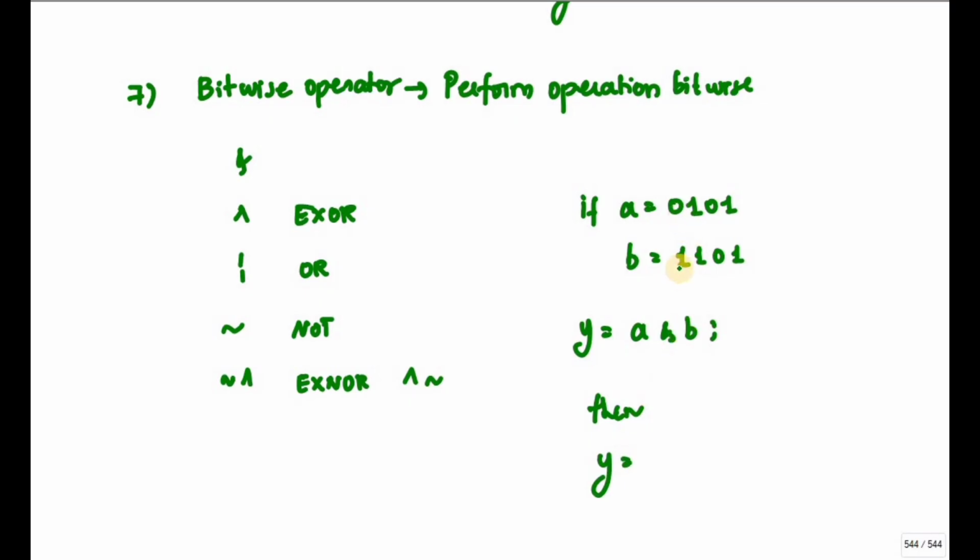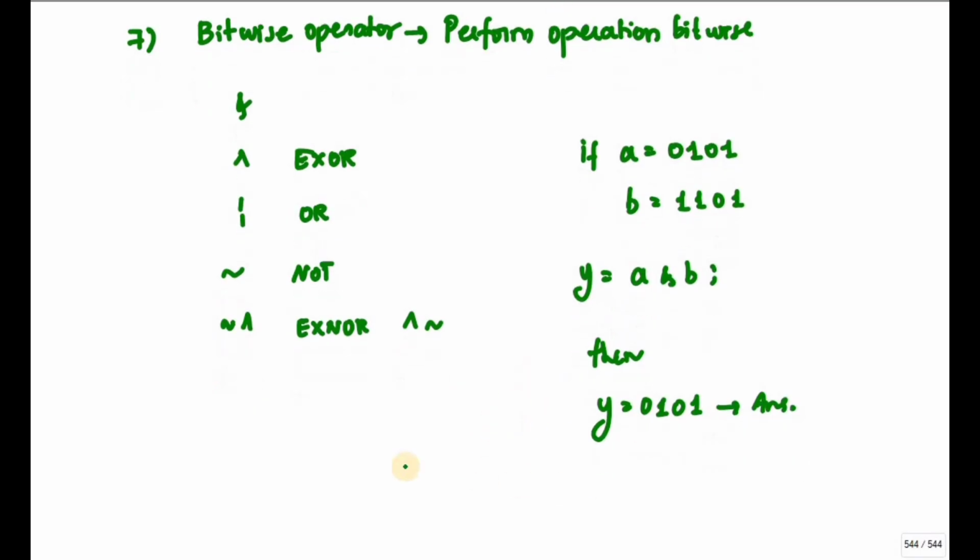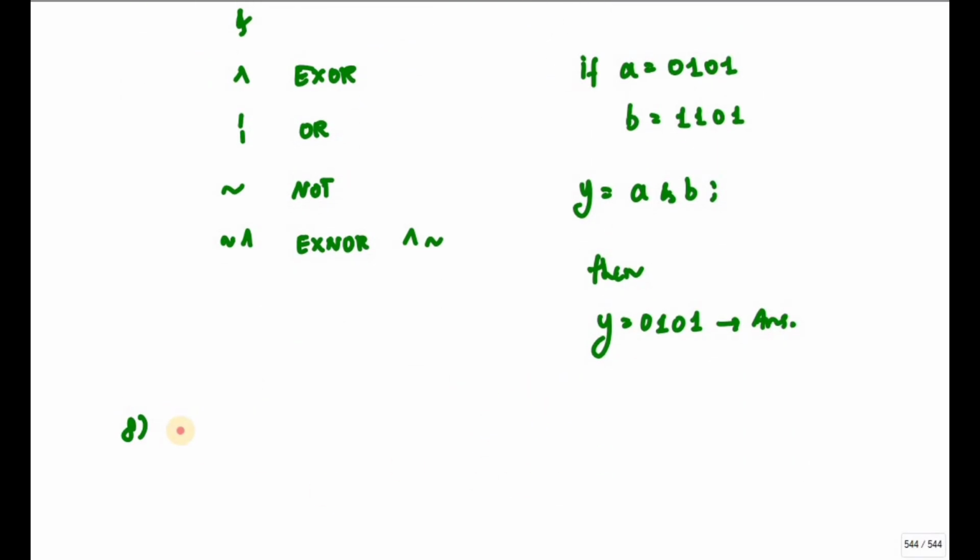If all the bits are 1 1, the answer will be 1, otherwise it will go to 0. So this is how it will work. You can see my answer is 0 1 0 1. This is what I will get.